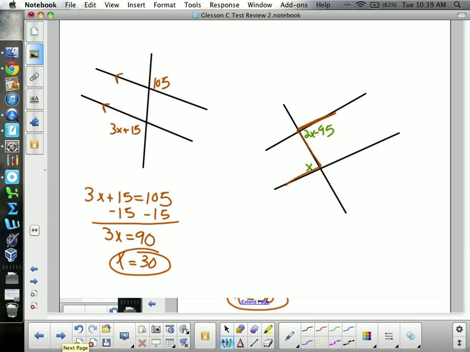It's kind of a Z shape, right? That's the alternate interior shape, is always that Z shape of some sort. And that Z shape means we're going to have what type of angles? Congruent or supplementary? Well, think of a more extreme Z shape. Are those angles going to be supplementary?